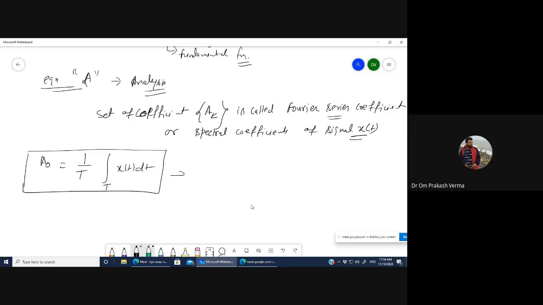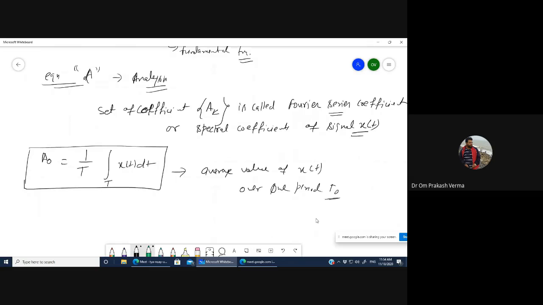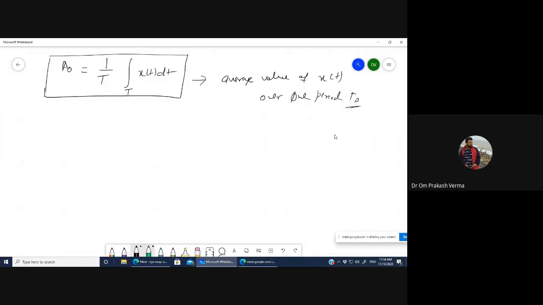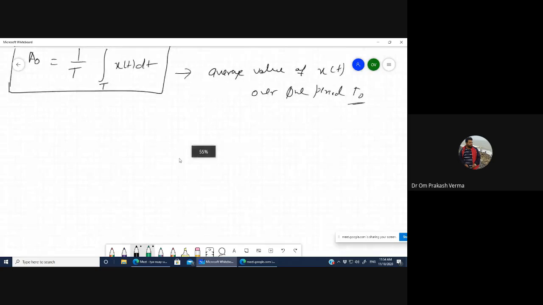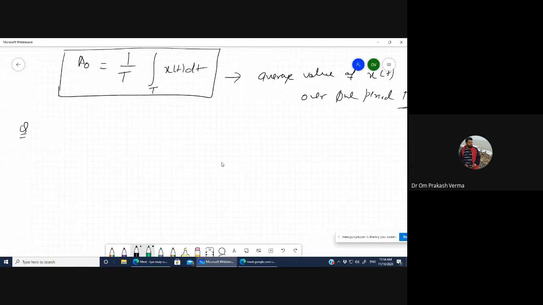It gives the simple average value, or DC value, of x(t) over one period, t naught or whatever the T, right? Now see a numerical by which we find out coefficients like a1 and a minus 1. I am taking a simple example, a very simple one, so that you can find out.